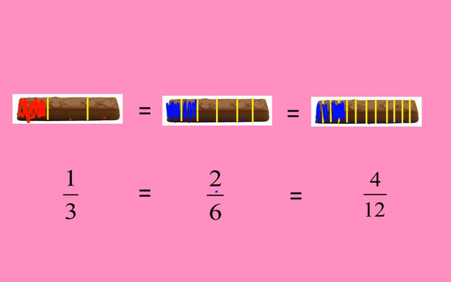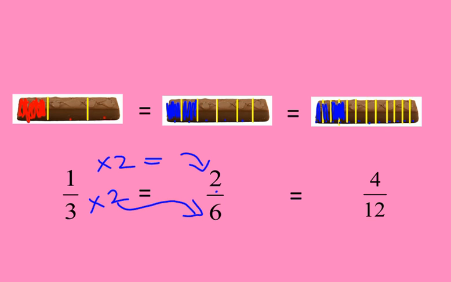You can start to see what's happening with my numerator and my denominator when I'm finding equivalent fractions. If I look here, 1 times 2 equals my numerator, which is 2. If I multiply my top numerator, I can multiply my bottom number, my denominator, by the same amount. 3 times 2 equals 6. There is my denominator.